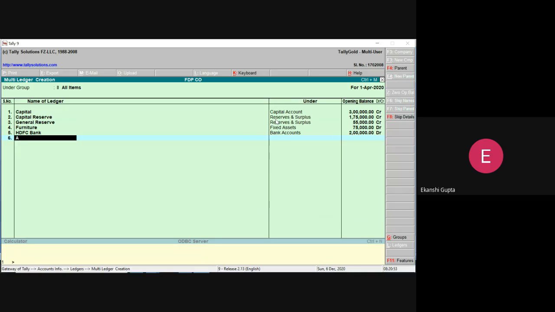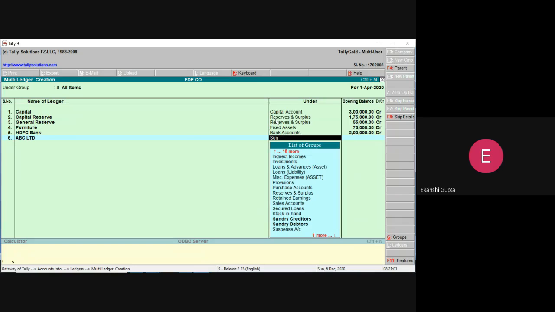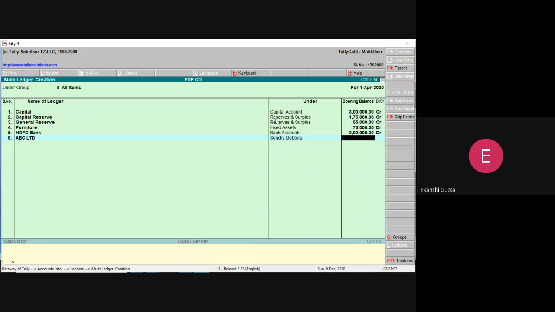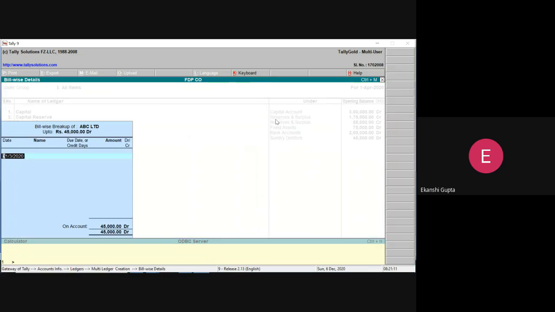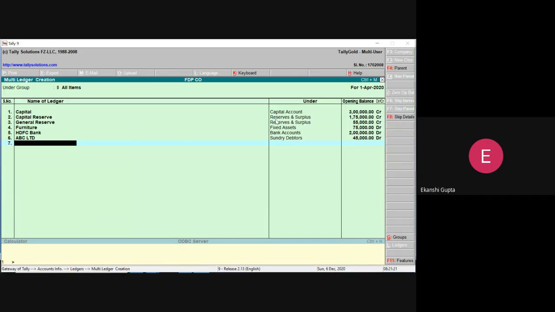Next is ABC Limited, who are our sundry debtors, and the amount is 45,000. The bill-wise breakup is being asked, but no such information is given. So I'll just click on yes, enter.